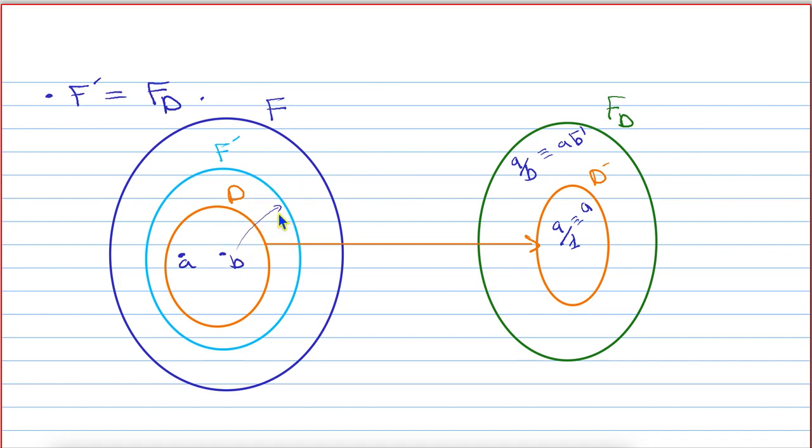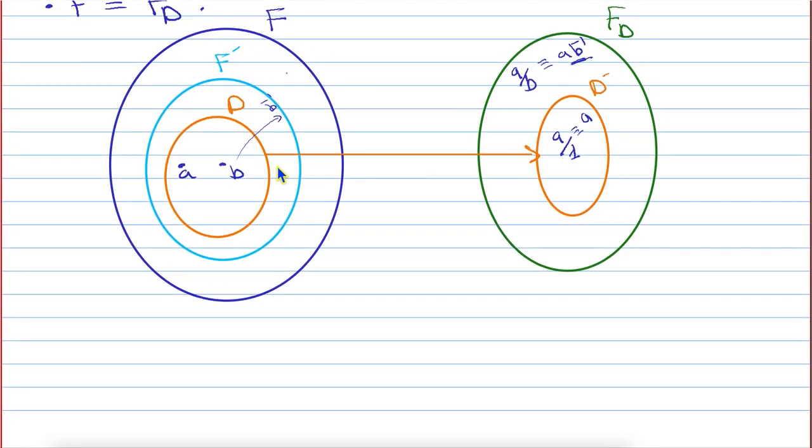So we have b inverse somewhere inside F, and therefore the product a b inverse must itself be inside F. And we can in fact define F sub D to be all the elements of the form a b inverse, where a and b are in D with b not equal to 0.